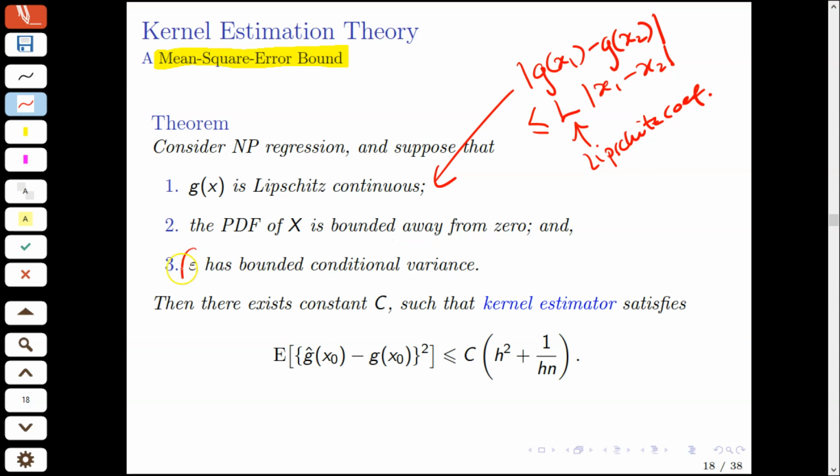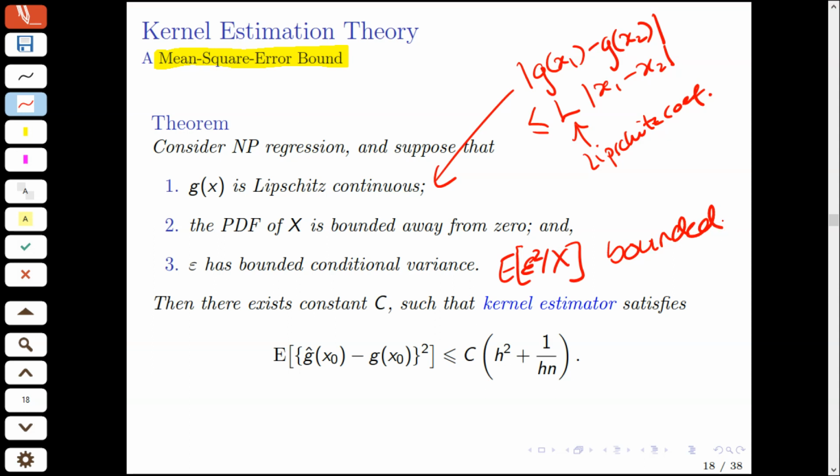And in addition, epsilon, which is unobservable in our nonparametric regression model, has bounded conditional variance. That is, since it has conditional mean 0, what we're stating is that the conditional mean of the square of epsilon is a bounded random variable.